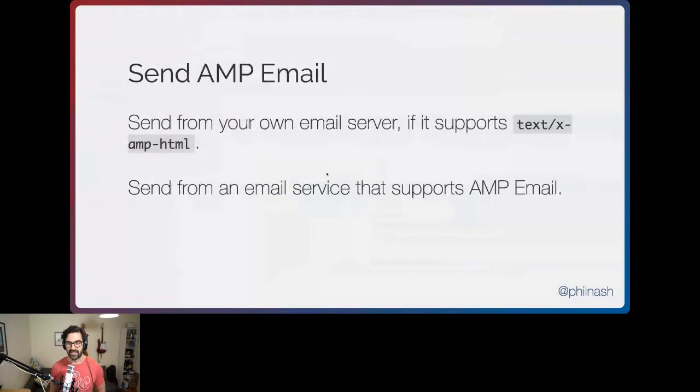And then when it comes to sending them, you can use your own email server if you have one, and if it supports sending that extra text/x-amp-html part. But you can also send from an email service that supports AMP email. As I work for Twilio, it would be a bad thing if I didn't mention that Twilio SendGrid does support this. And that's what I'm using to send my AMP emails myself.